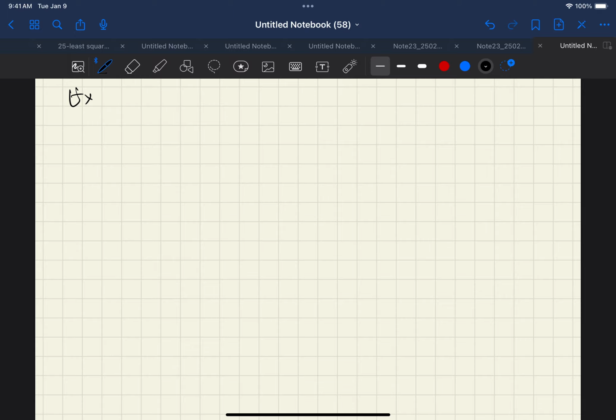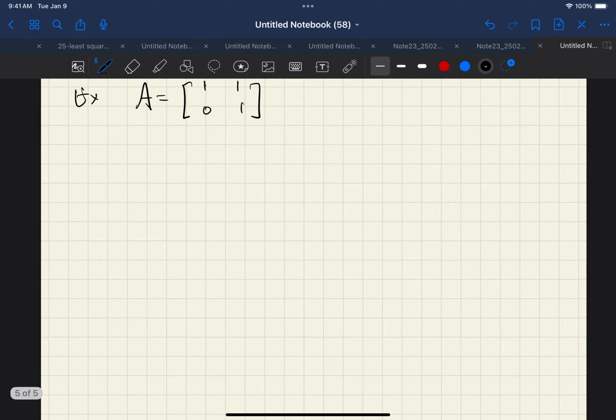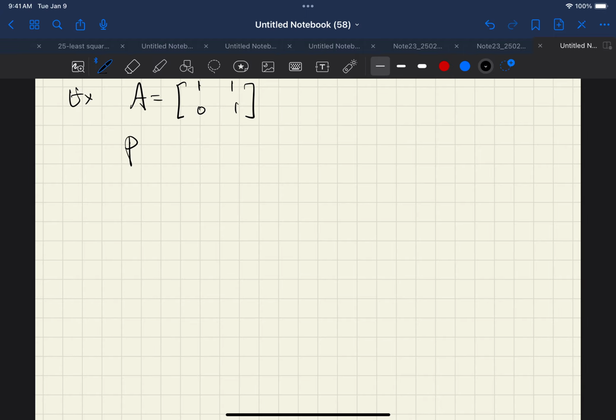So here is an example we can use as a counterexample. If A is given by the 2 by 2 matrix [1, 1; 0, 1], then we know its characteristic function is the determinant of [1 minus lambda, 1; 0, 1 minus lambda].